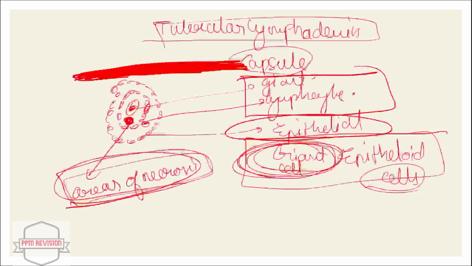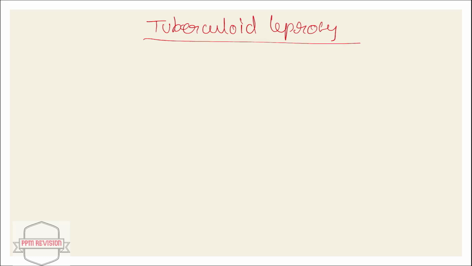Now let's look at tuberculoid leprosy. That is the leprosy skin in case of the tuberculoid type. So now what comes to your mind? In tuberculoid leprosy, there's presence of the thinned out epidermis.